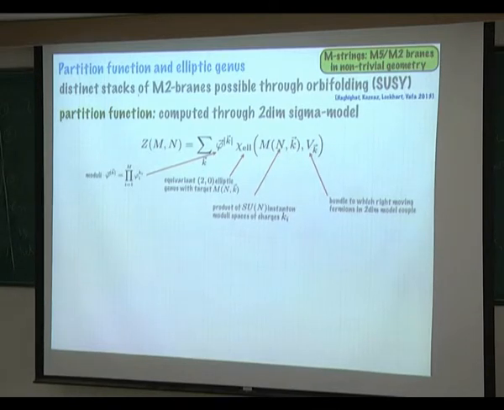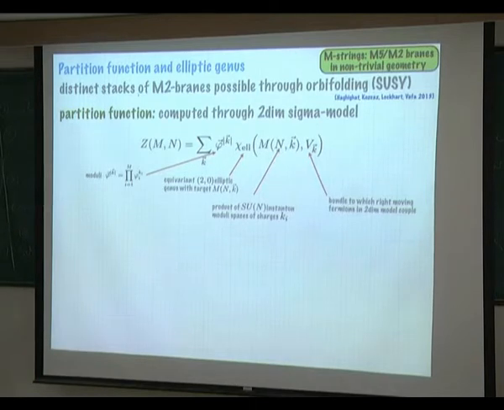So there are two important inputs here. It's the elliptic genus of the product of these SU(N) moduli spaces, but each of them again weighted in a certain way by a vector bundle V.